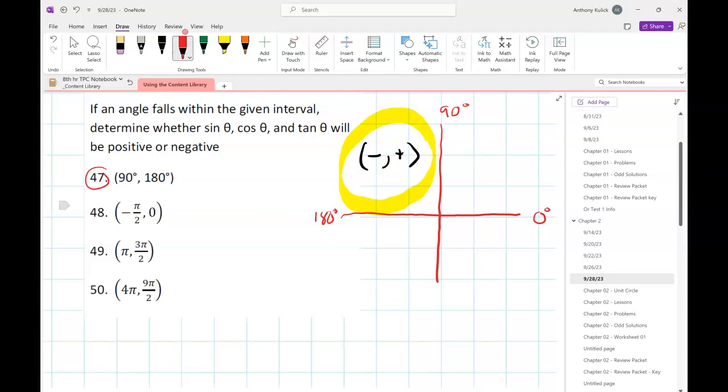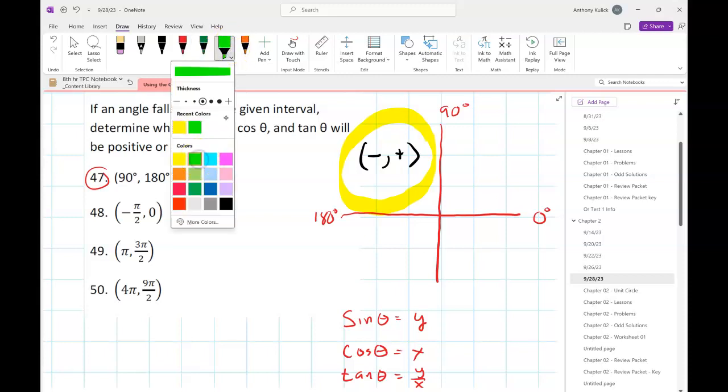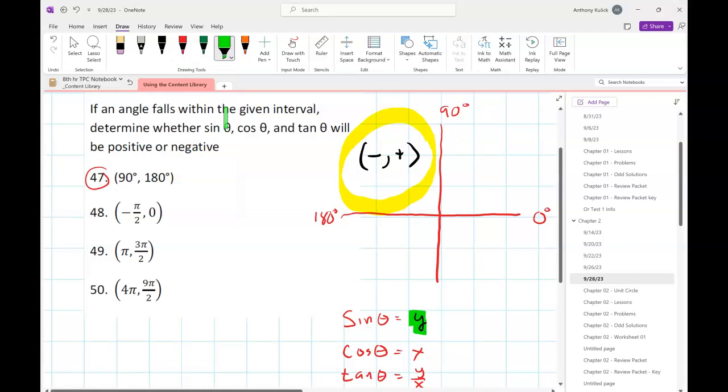In the second quadrant, our x's are negative, but our y's are positive. And I know from my unit circle definition that sine is y, cosine is x, and tangent is y over x. So since y is positive, sine is positive.